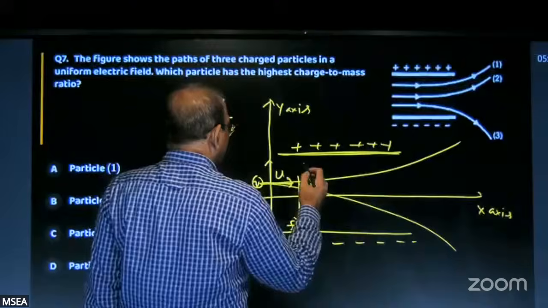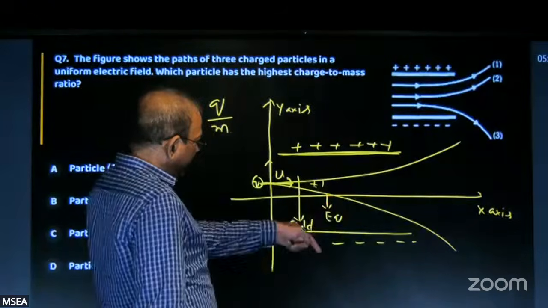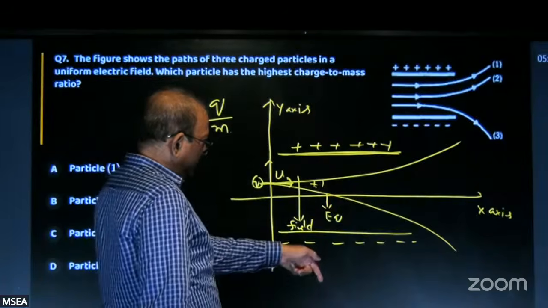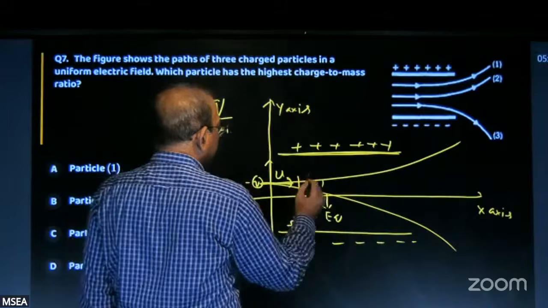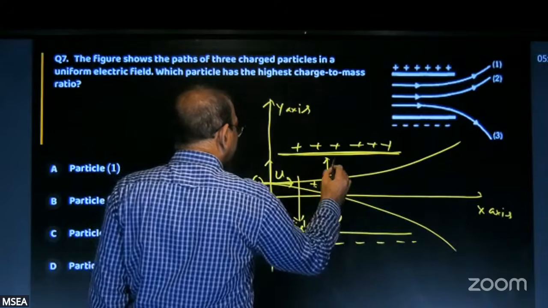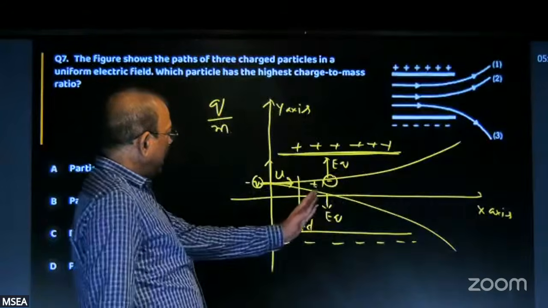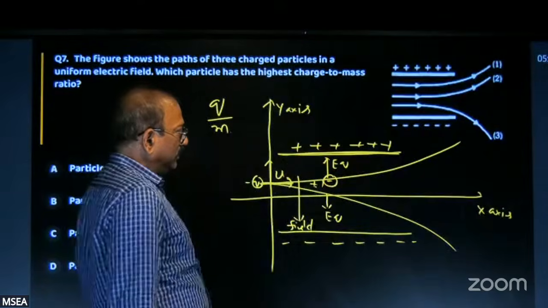If it is positively charged, the electrical force EQ will act in the same direction as the field, this side. If it is a negatively charged particle, on that particle the electrical force EQ will act opposite to the field direction, like this.